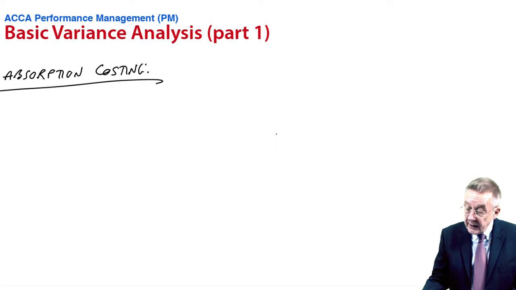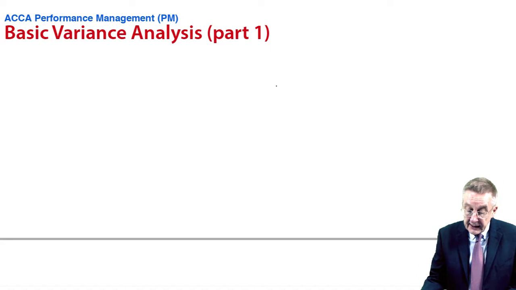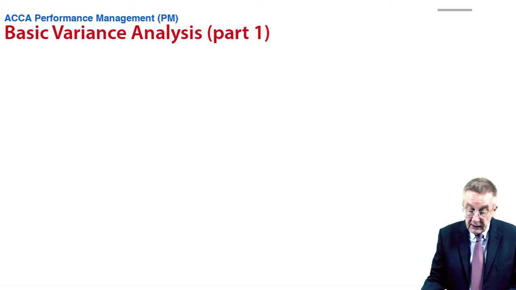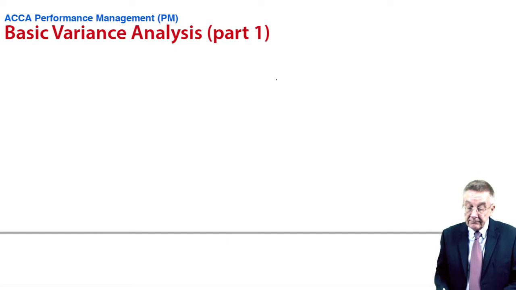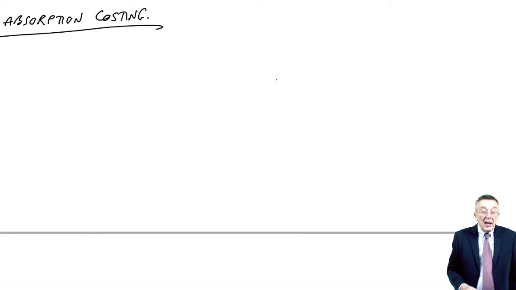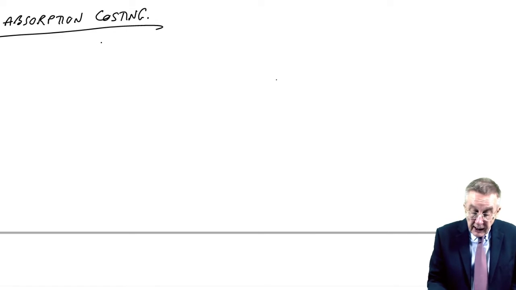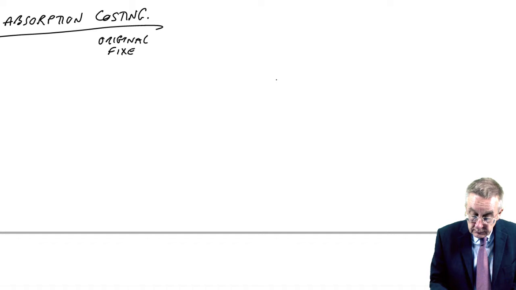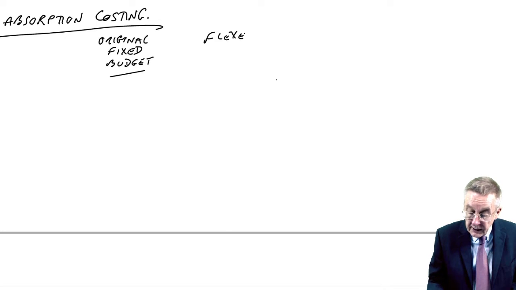And so just like we did on my baby example in the budgeting chapter, I'll do a table. I'll first of all write up the original fixed budget. And then, I'll remind you what it is when we come to it, the flexed budget.